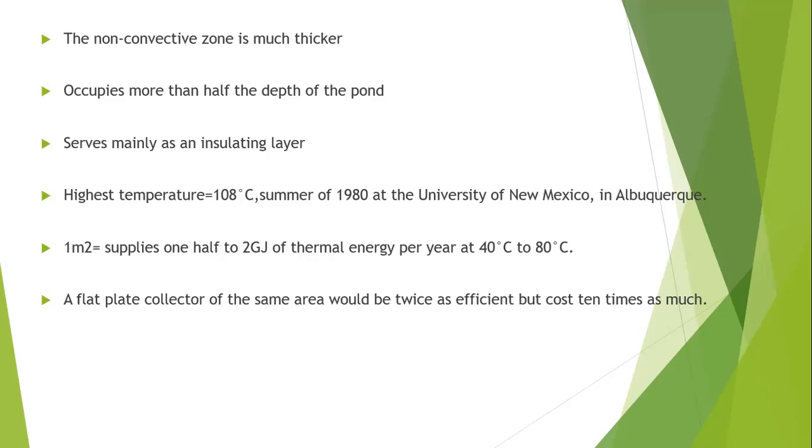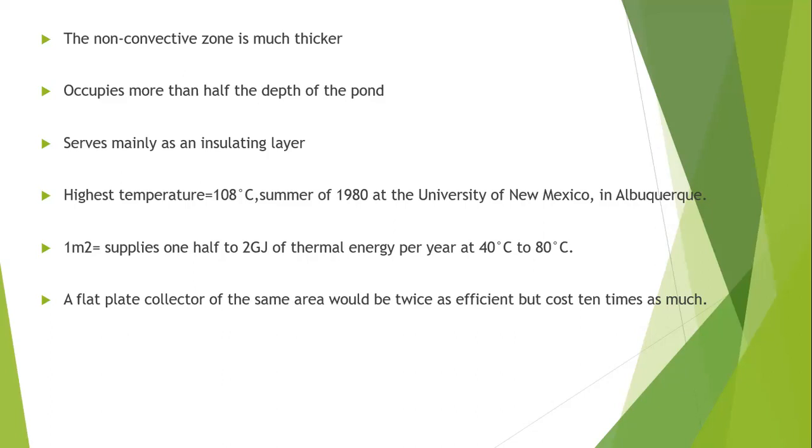The highest temperature attained up to now is 108 degrees Celsius, attained in the summer season of the year 1980 at the University of New Mexico in Albuquerque, where researchers reached 108 degrees Celsius in a solar pond.